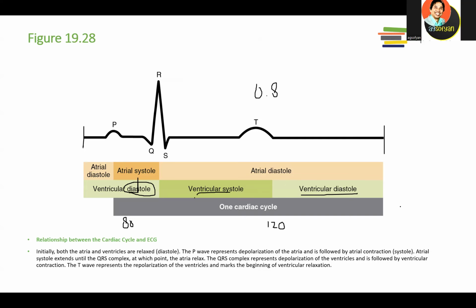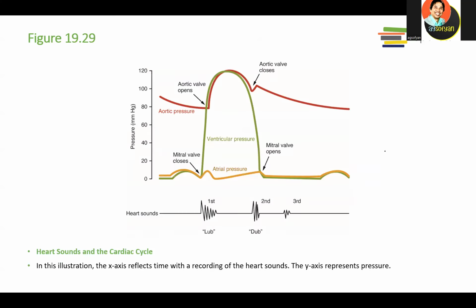So 0.8 second in one cycle. This is measuring the pressure. Again, the highest pressure is around 120. This is the normal pressure. And this is the lower pressure, the diastole, which is around 80. So this is usually measured in this stage.